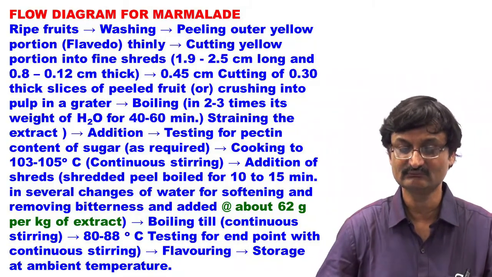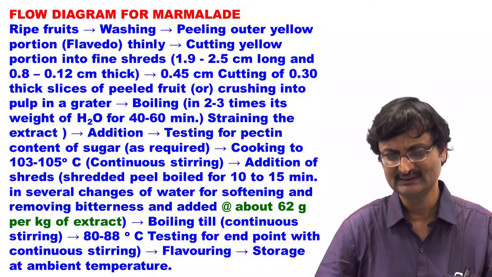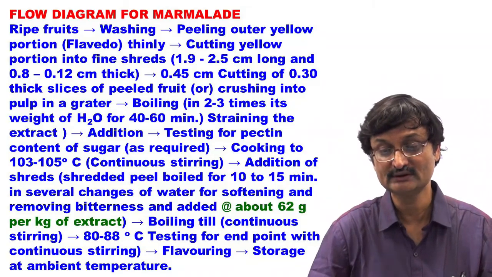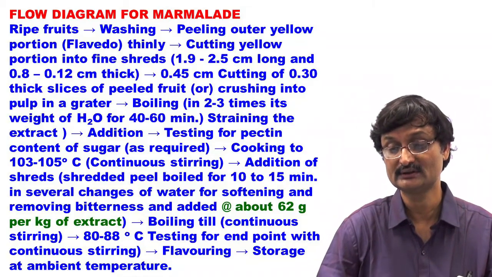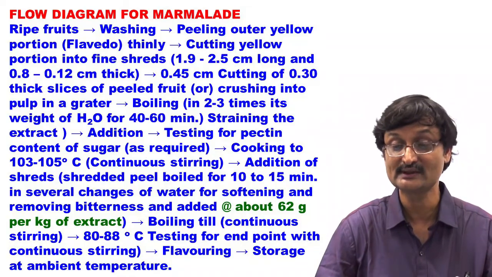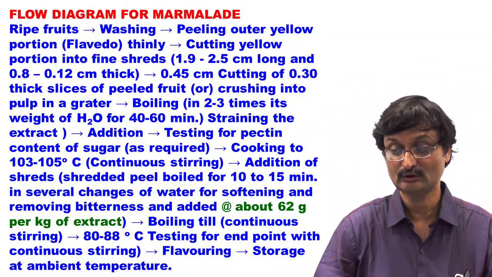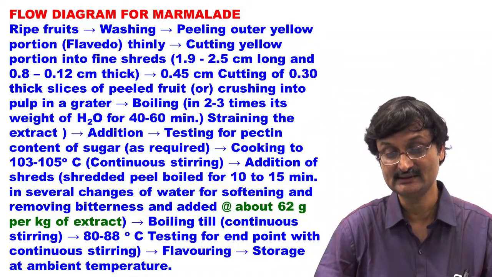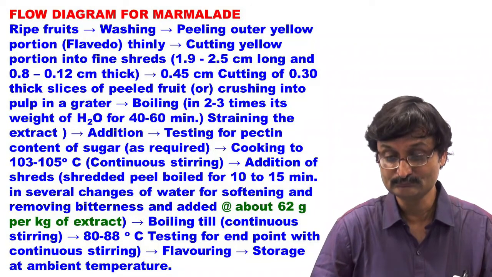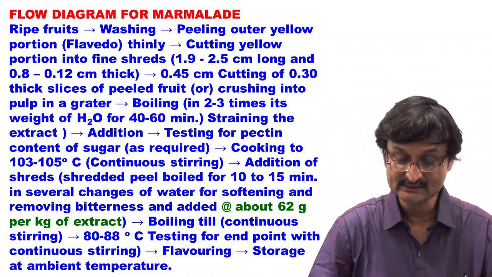This is the flow diagram for marmalade. Ripe fruit is taken, washed, the outer yellow portion, flavedo, is peeled thinly, and the yellow portion is cut into fine shreds, 1.9 to 2.5 cm long and 0.8 to 0.12 cm thick. Then the peeled fruit is cut into 0.30 cm thick slices or crushed into pulp in a grater.